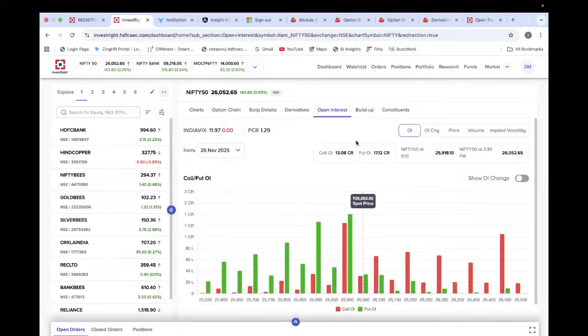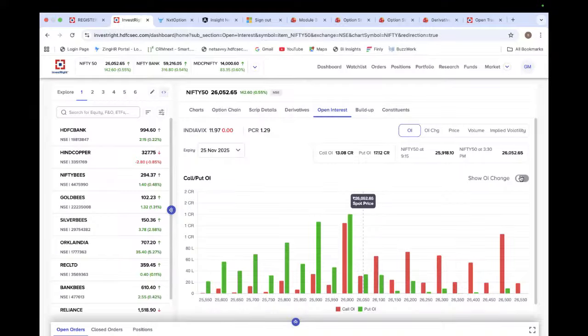When the call OI is more, it means that more and more short sellers are there on the call side, and they are pushing the market down. The put sellers push the market up, right? So this is how very quick numbers on your screen can give you a quick clue of what is happening in the market.